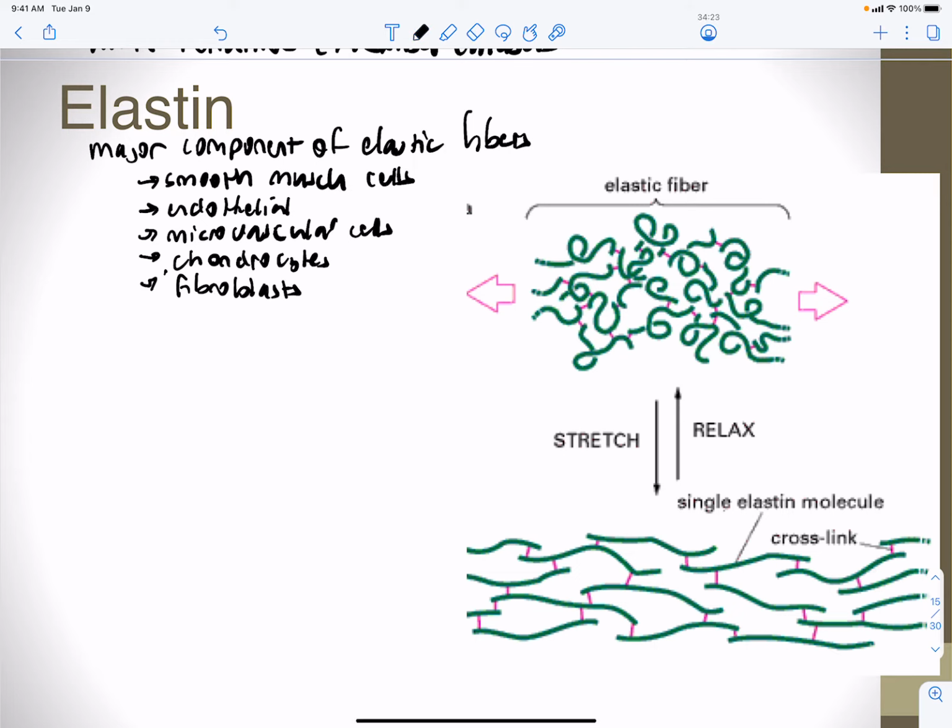So elastin basically, in essence, does what it does. It has elastic capabilities. It can allow the tissues to expand and contract, as we all kind of know. So this is going to be very important in your blood vessels. It's also going to be very important in lung tissue.